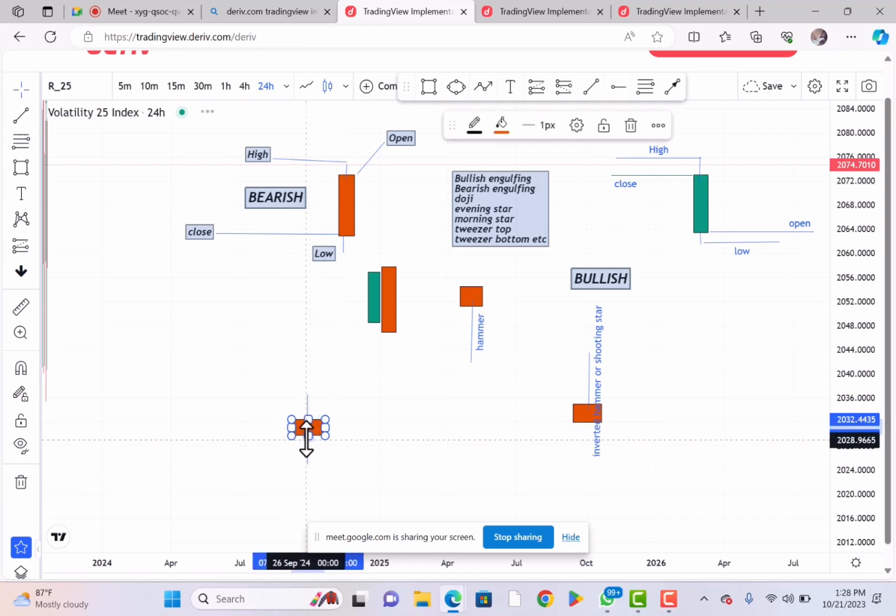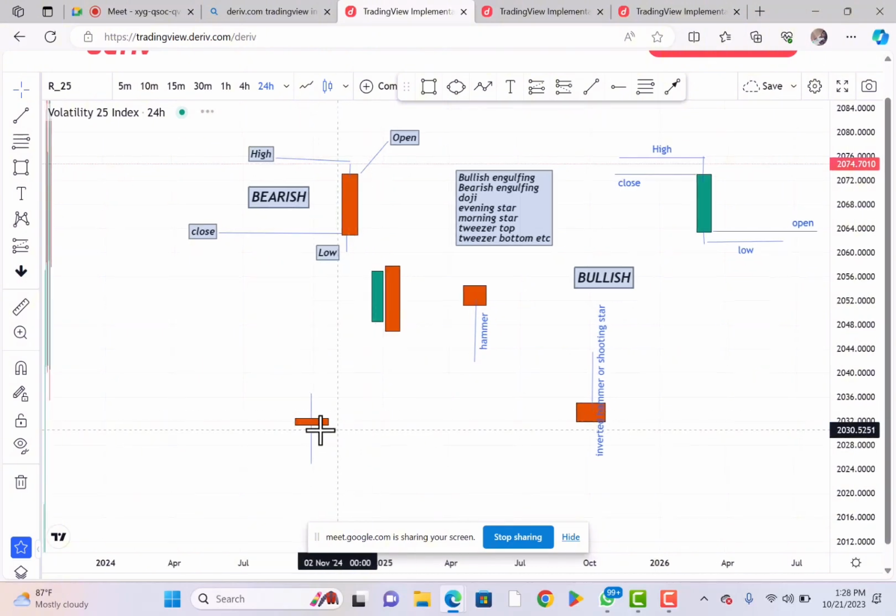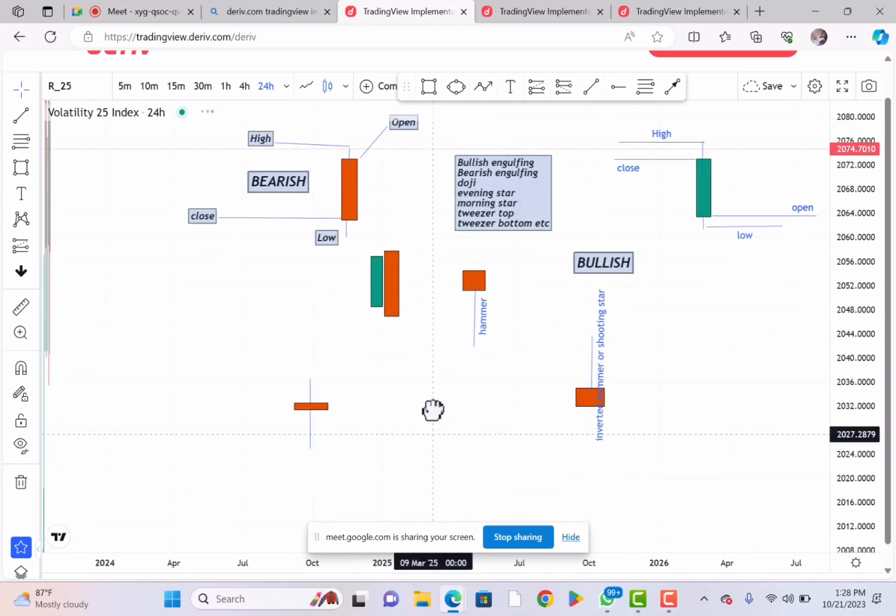Some look like this. Sometimes it could be a green candle, or irrespective, it doesn't matter.